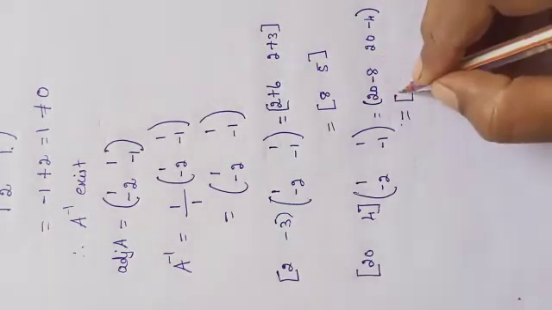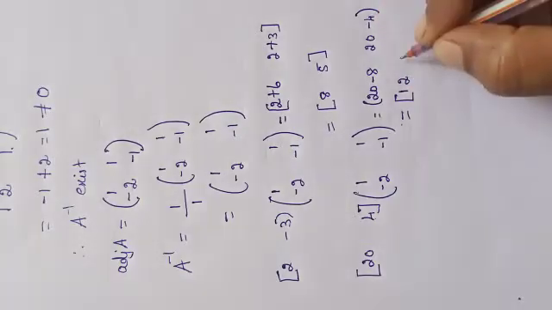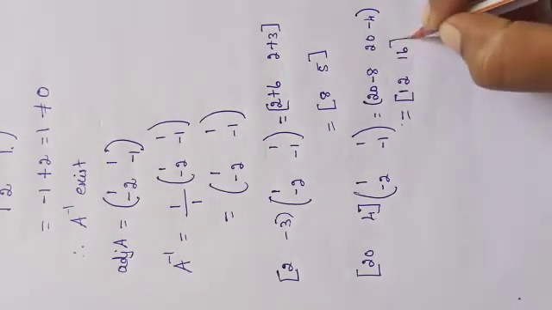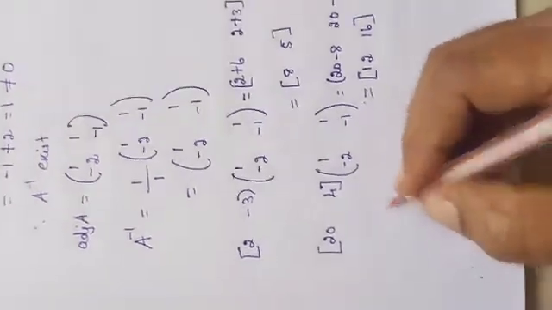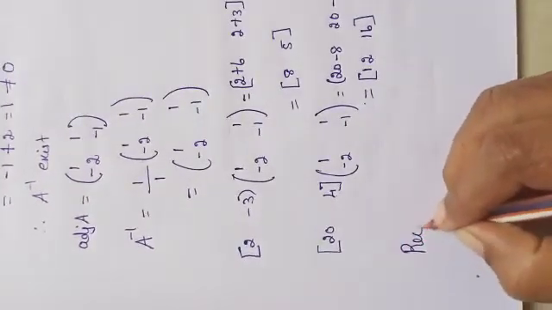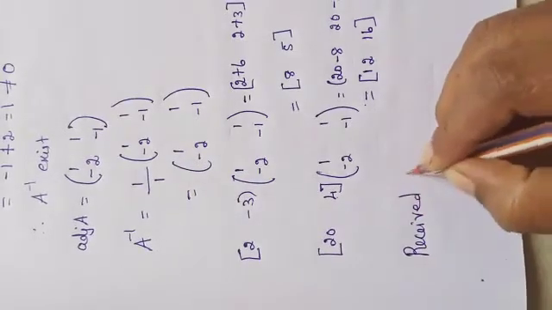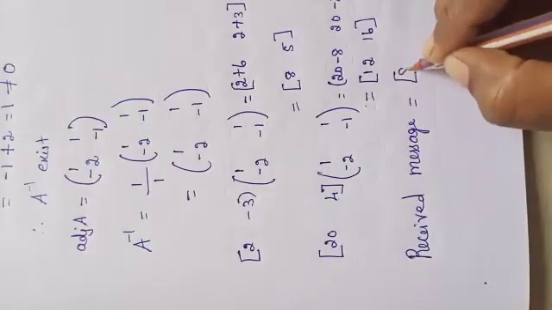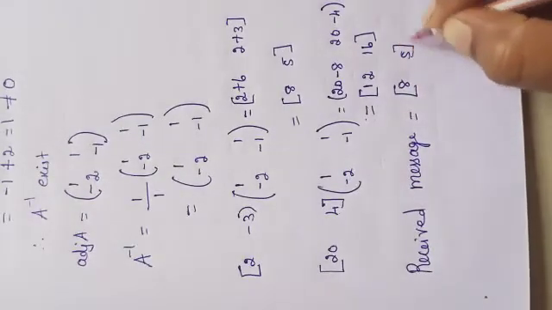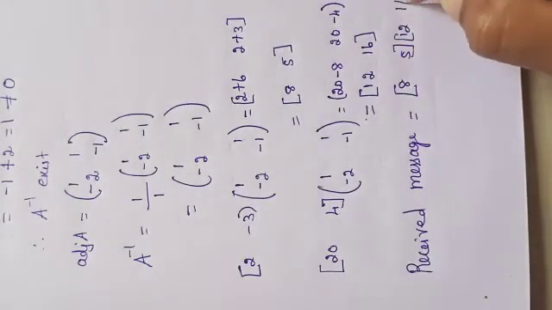So 20 minus 8 is 12, and 20 minus 4 is 16. So the received message is 8, 5, 12, 16.